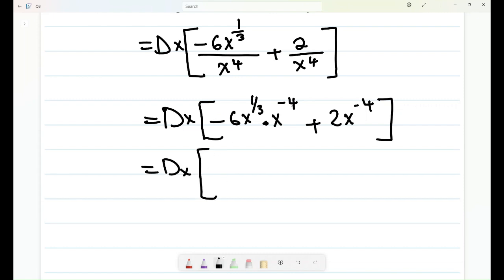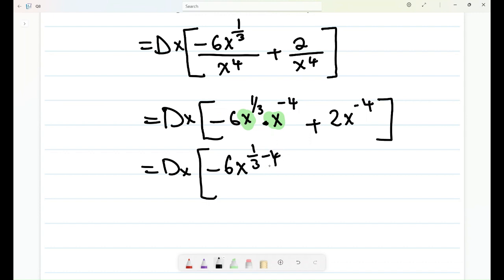When you derive again, it's going to be 1/3. Remember, it now has the same base. If we have the same base and they are multiplying each other, what will happen to the exponent? The exponents will add, right? So we will have negative 6x to the power of 1/3 plus negative 4, which is 1/3 minus 4, right?